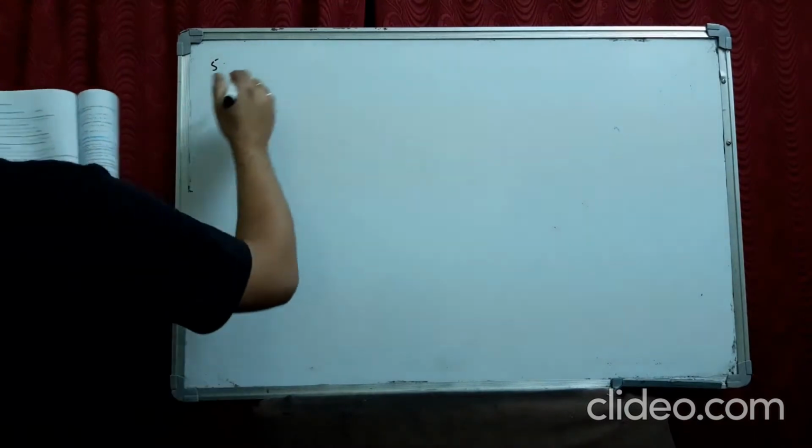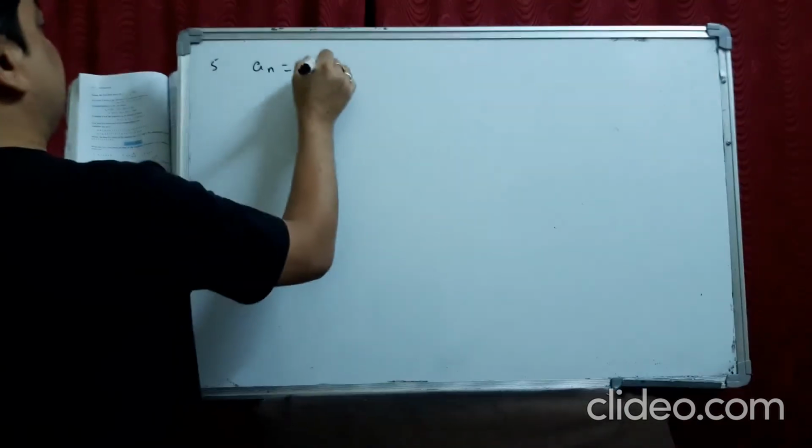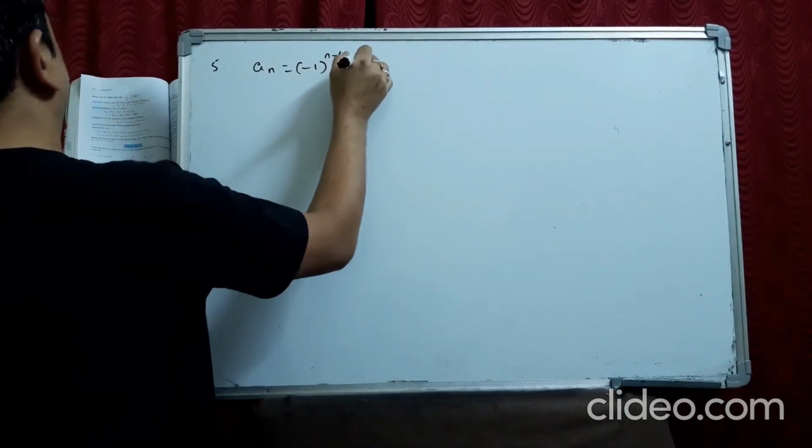So the fifth one, a_n is given as (minus 1) power (n minus 1) into 5 power (n plus 1).